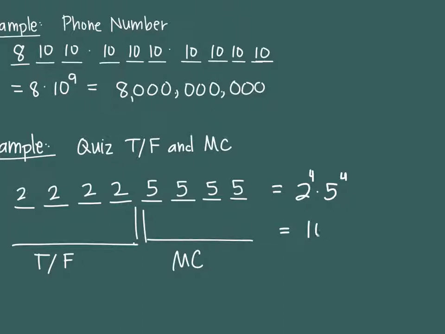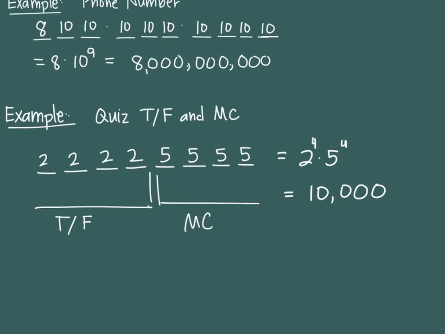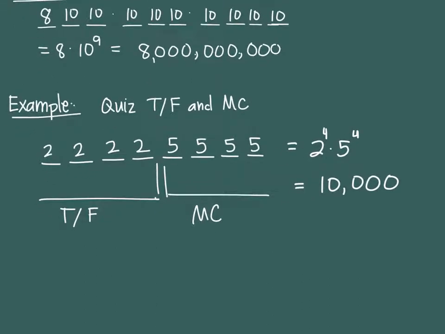Okay, and that's going to come up with 10,000. So there are 10,000 different possibilities of answers on a little 8-question quiz. It barely seems like it's even worth it, and yet 10,000. And so your chances of blindly guessing and happening to get them all right are going to be 1 out of 10,000. So not super good odds.